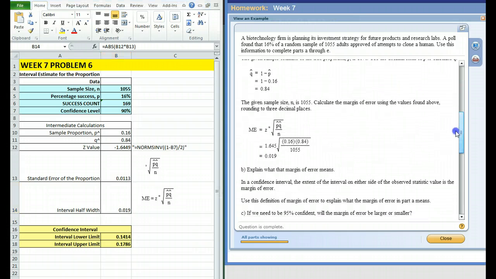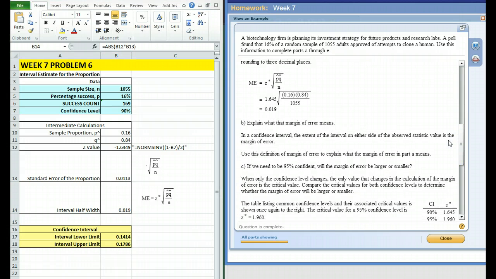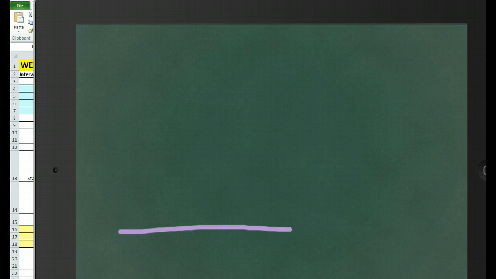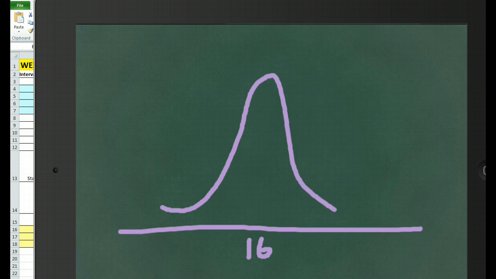Continuing on to part B, we're asked to explain what the margin of error means. Now the 16%, the sample that we chose gave us a value of 16%. And if we were to choose several samples and we did a plot for that, we would end up with a bell-shaped curve that looks like that.